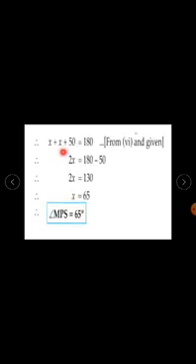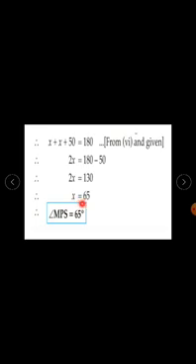So X plus X plus 50 equal to 180 degree. So X plus X is 2X. Therefore 2X equal to 180 minus 50. 180 minus 50 is 130. 2X equal to 130. Therefore X equal to 130 upon 2. So X is equal to 65 degree.